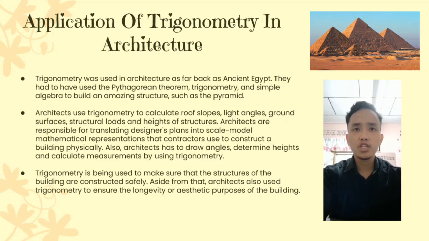Trigonometry is being used to make sure that the structure of the building is constructed safely. Aside from that, architects also use trigonometry to ensure the longevity and aesthetic purpose of the building.